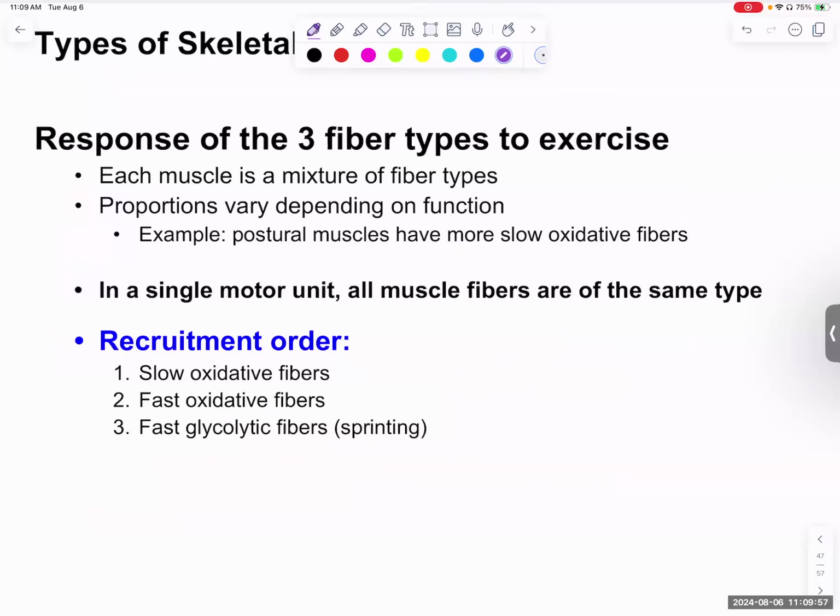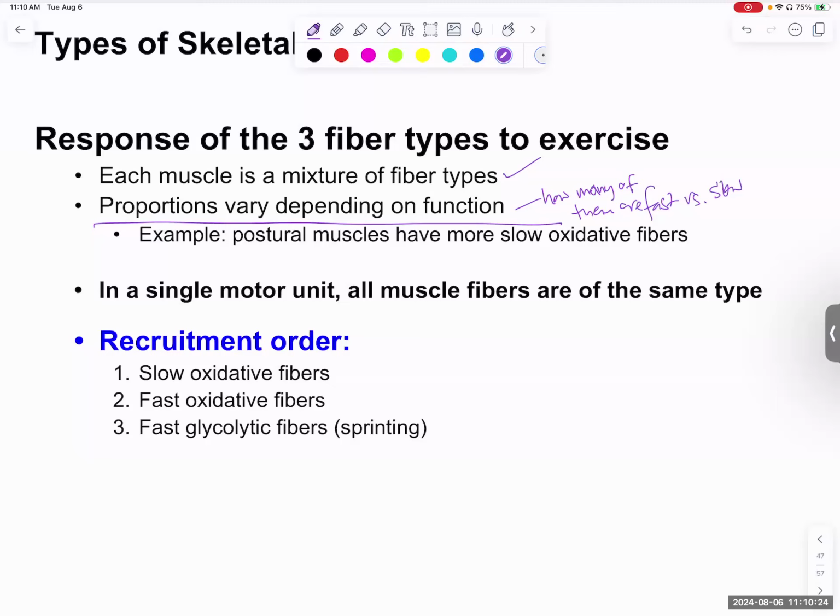Then there is how you create that ATP. And each muscle has a mixture of fast and slow muscle fibers, but the proportions vary. So how many of them are fast versus slow can vary, right?